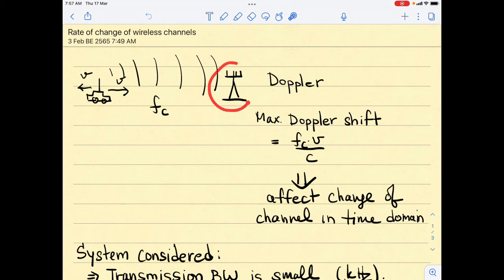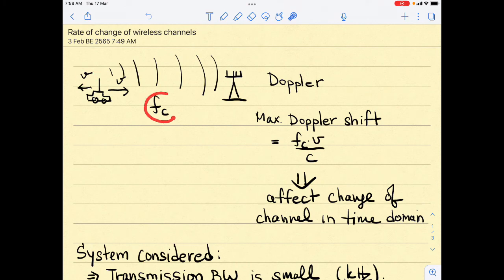We have a base station which receives a signal from a mobile which is in some moving car, right? So the car could be coming toward the base station with relative velocity v, or it can go away from the base station with speed v.